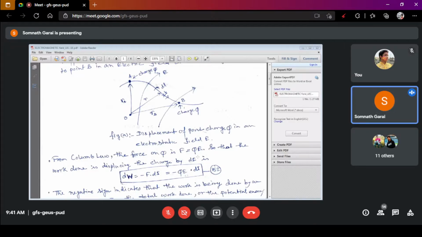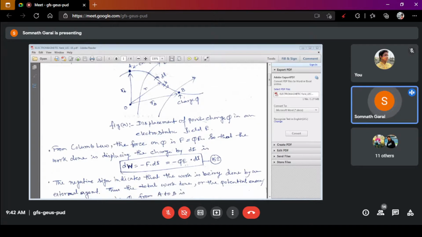Now, if this point charge is moved from point A to point B, so there is a displacement of the charge. If there is a displacement of a charge against an electrostatic force F, there must be work done.